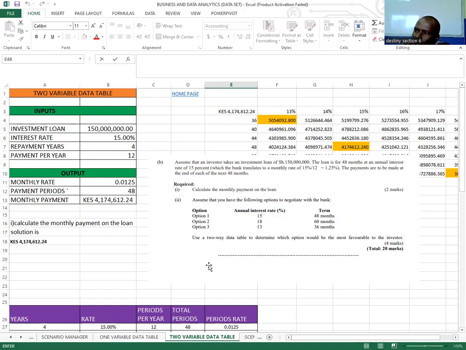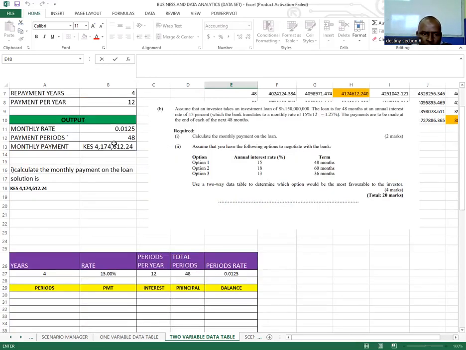We select the interest rate. No, no, so you selected the 15%. The column you select now the 48.